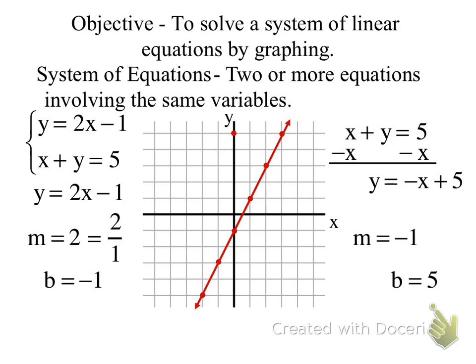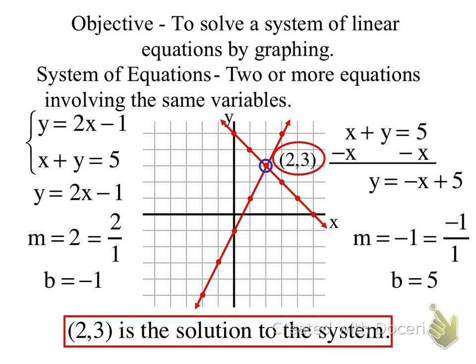And then I'm going to rise how much? -1. Down 1, right 1. Now, the point of intersection of the 2 lines, what is it? 2, comma 3. That is the solution to the system. Okay?